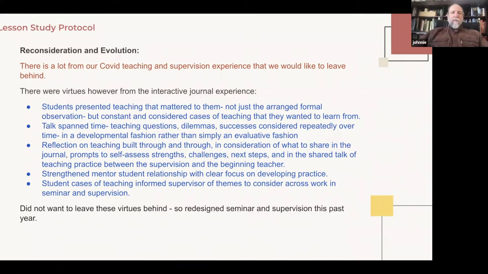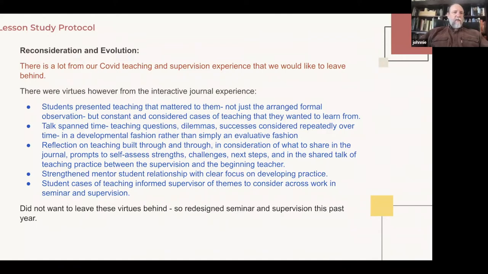Reflection on teaching was built through and through, so it is very much a reflective exercise in consideration of what to share in the journal, with prompts to self-assess strengths, challenges, next steps, and in the shared talk of teaching practice between the supervisor and the beginning teacher. So I've been thinking a lot the last couple of years about this push towards self-assessment and kinds of agency and assessment.